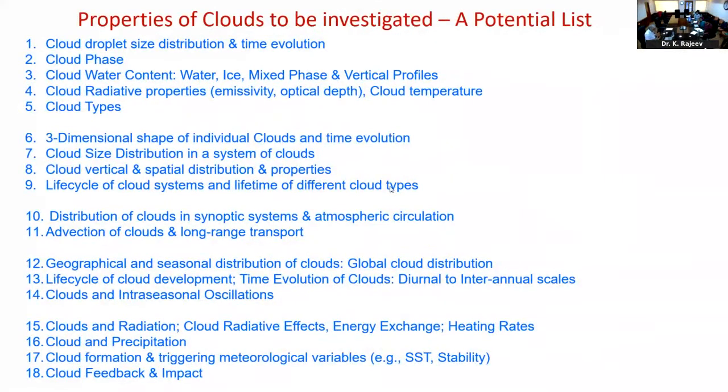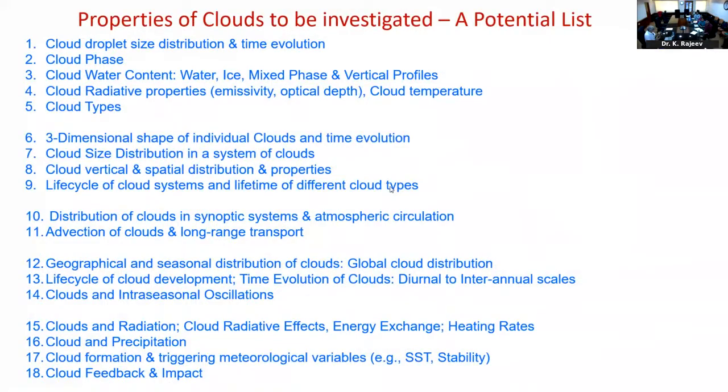Clouds and radiation, we already talked about. Clouds and precipitation, we did not talk about that so far. And cloud formation and triggering of meteorology. For example, what is the relationship between them? Clouds are formed only over warm ocean. Where? What is the minimum SST required? And how does deep convection vary with SST? That itself is a topic by itself. That's only one parameter. Stability is another.